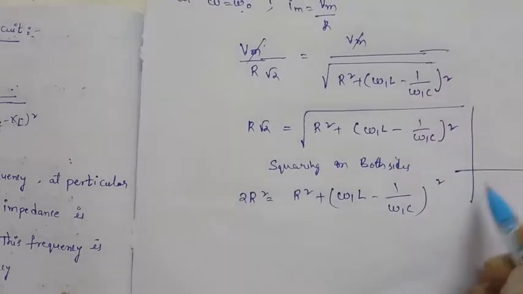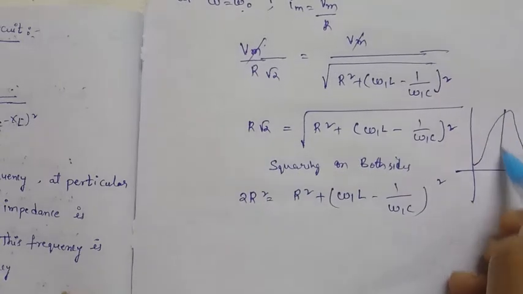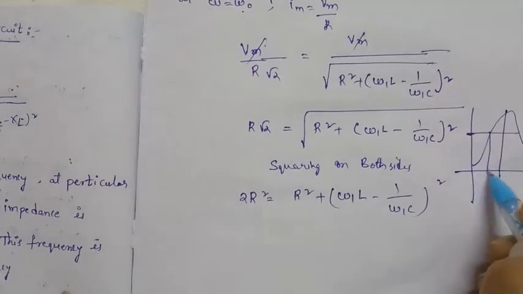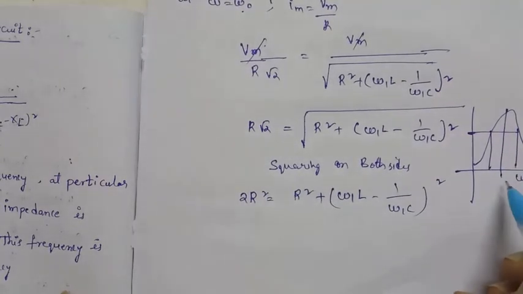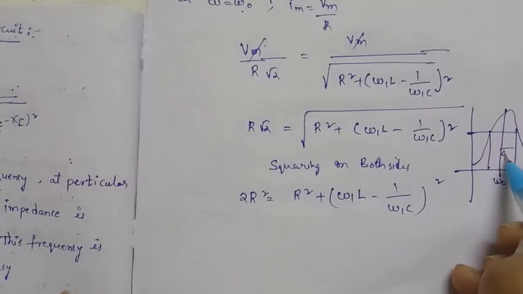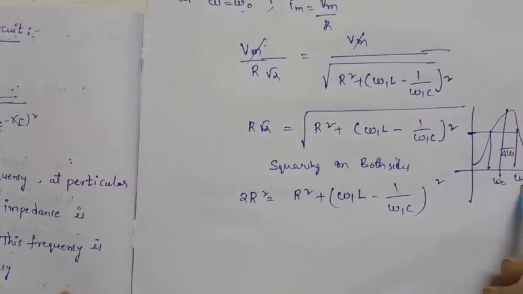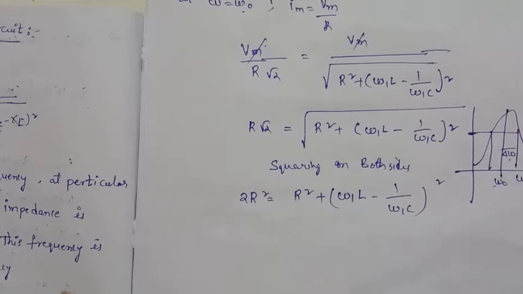From the graph, at Im by root 2, it is omega 1, this is omega naught, and this is delta omega. So omega 1 is nothing but omega naught plus delta omega. You have to substitute here.